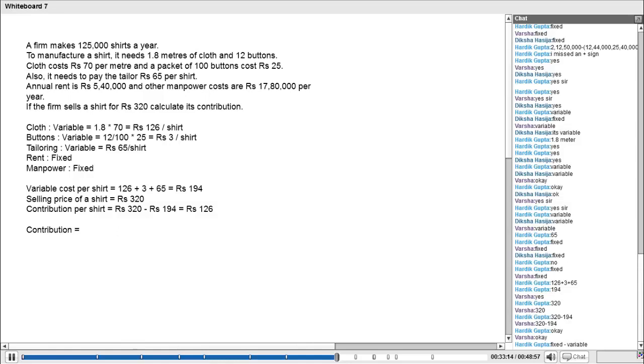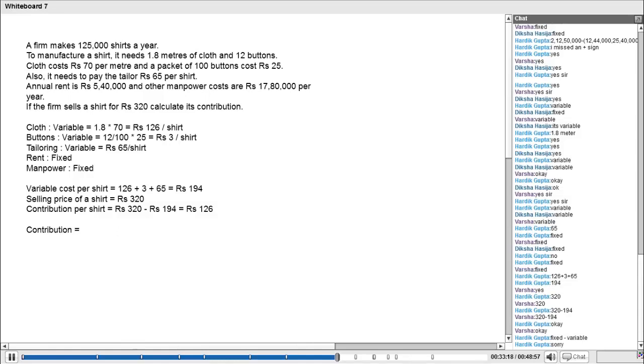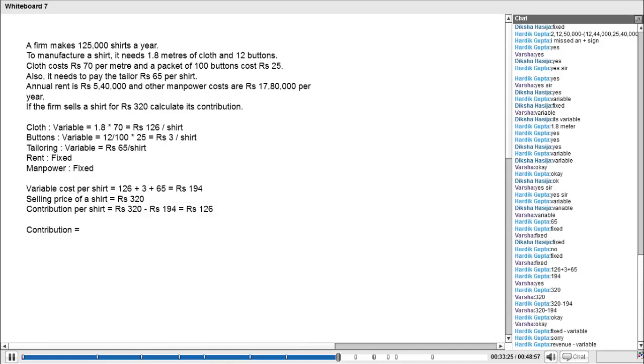So what would be contribution, Hardik? In this case, how will we apply that? So guys, understand, we know contribution per shirt. So how much is one shirt contributing?